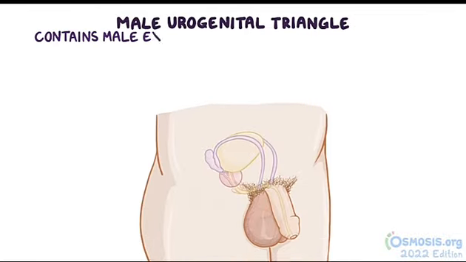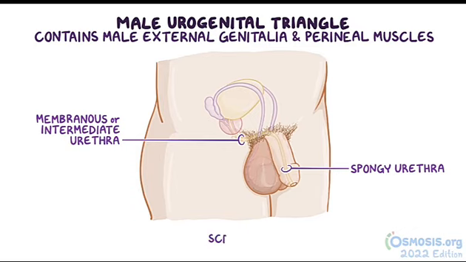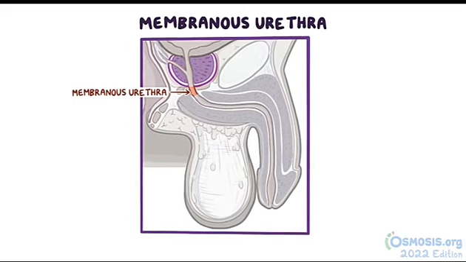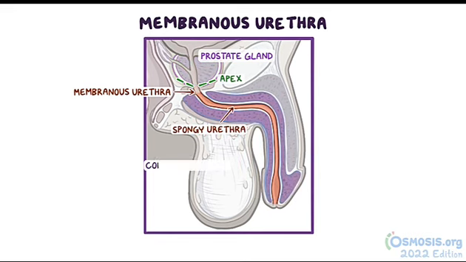Alright, as a quick recap, the male urogenital triangle houses the perineal muscles and the male external genitalia. These genitalia include the membranous and the spongy urethra, the scrotum, and the penis. The membranous urethra starts at the apex of the prostate gland and joins the spongy urethra, which runs through the corpus spongiosum, terminating at the external urethral orifice.